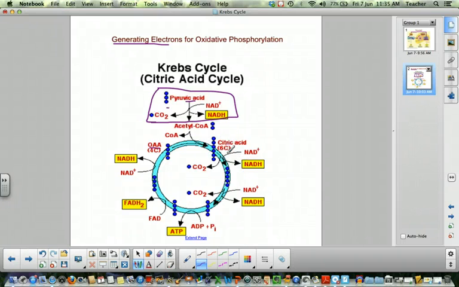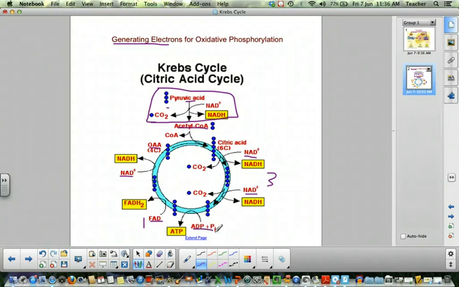So acetyl-CoA enters, citric acid goes from a 6-carbon compound to a 5-carbon compound, and in that process, a NAD plus, which is a reactant, okay, so acetyl-CoA is a reactant going into the Krebs cycle, NAD plus is a reactant, there's another NAD plus, there's another NAD plus, for a total of 3 NAD pluses. There's a FAD, one FAD.